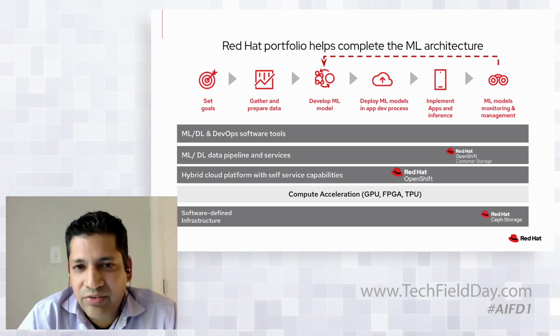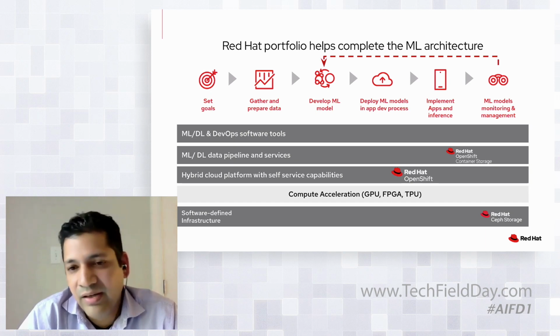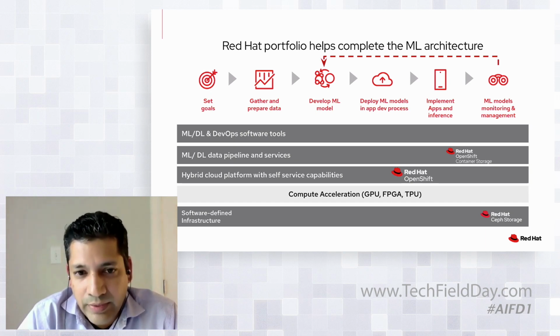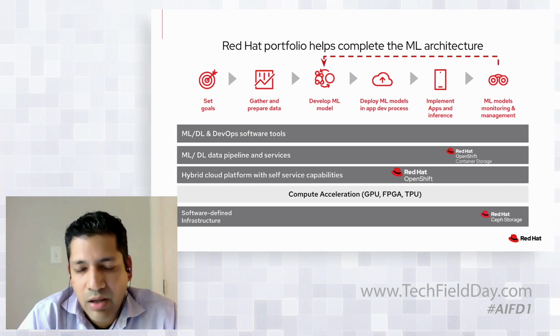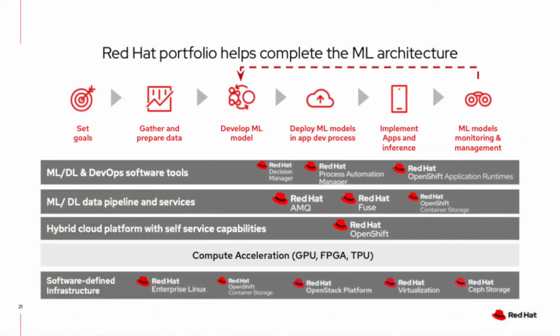And then you see that data is key here, and you'll get a lot of data. You have to transform the data and then do a data mart and a data lake and so on. That's where we have OpenShift Container Storage. And if you want to store the data in an S3 kind of fashion, that's where we have the Ceph storage as well.